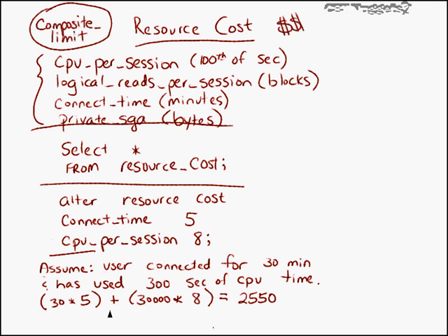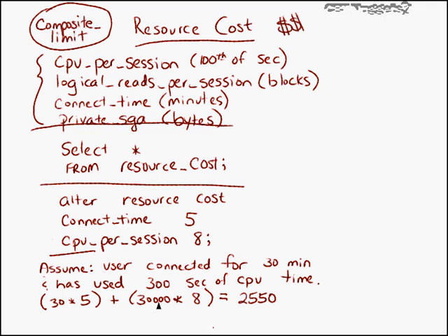So now let's do a math word problem. Okay, now let's assume that a user is connected for 30 minutes and this user has used 300 seconds of CPU time. Okay, so we do the math. 30 minutes, so 30 times 5, which is part of our weighted average, plus 300 seconds.